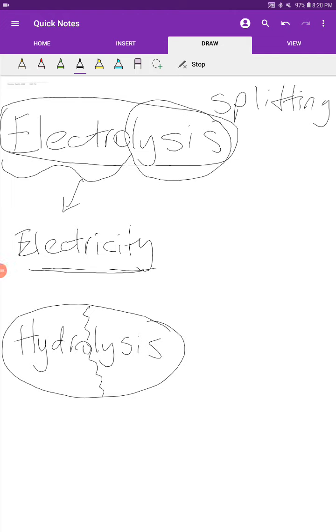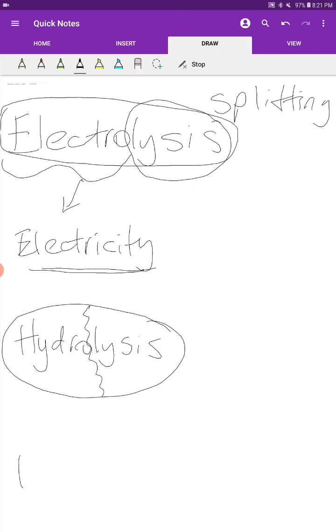Okay? So the definition for electrolysis is the use of an electric current to break down or to split apart a chemical substance. That chemical substance is usually termed an electrolyte.